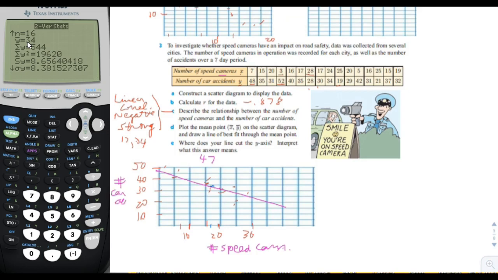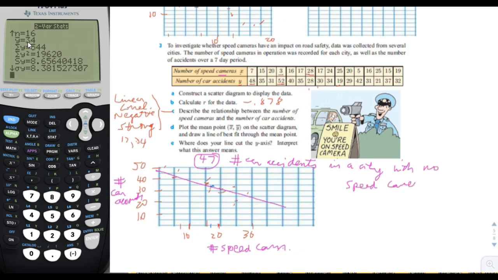So 47 is the number of car accidents in a city with no speed cameras.